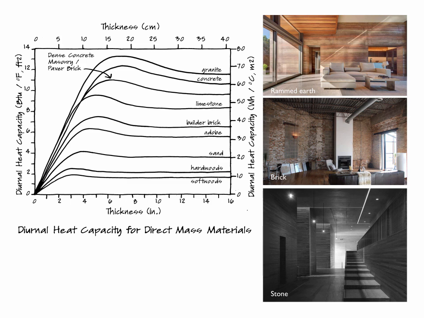So you add an inch and you get an equivalent amount of heat storage capacity added. Depending on the material, that curve starts to flatten out, right? With stone and concrete, it's up closer to 6 inches. With adobe, it's closer to 4 inches, right? And brick is kind of in between.